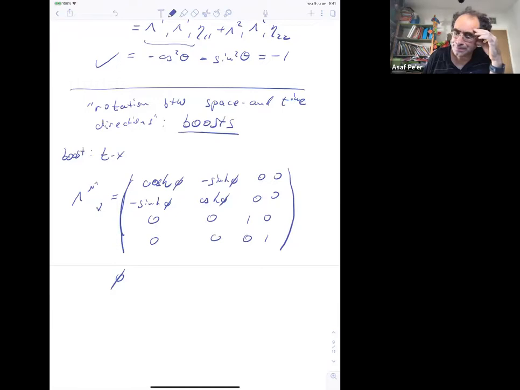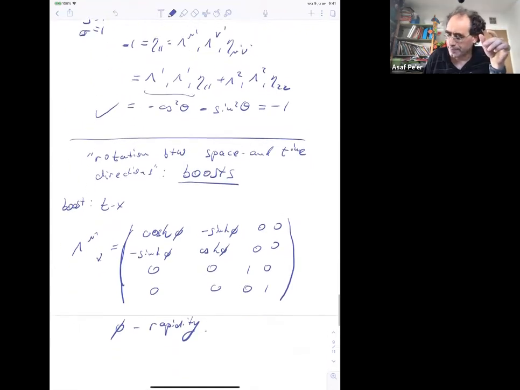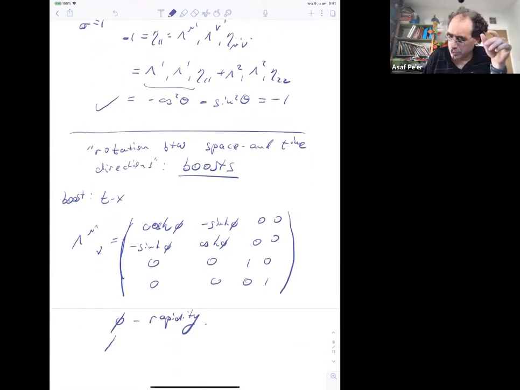It's called the rapidity. And as opposed to the angle theta, which of course changes from 0 to 2 pi, phi can go between minus infinity to plus infinity. So it's defined over the entire space.